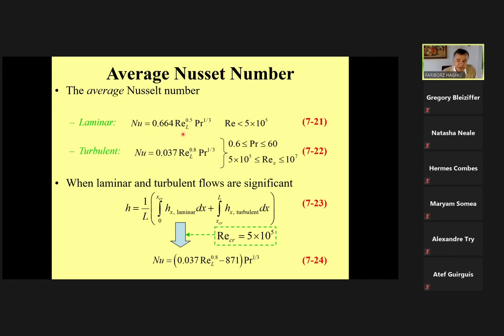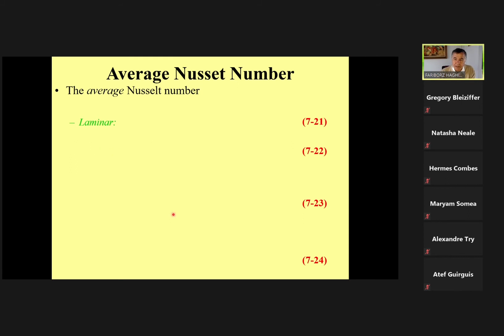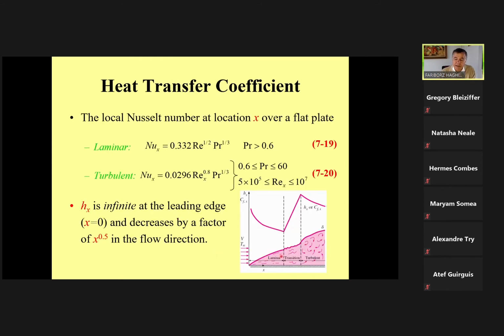But if it's laminar, it's easier to use this one because we know the flow is laminar, so there's no contribution of the turbulent. When it's turbulent, the first part is laminar. The question here is how much is this critical length?